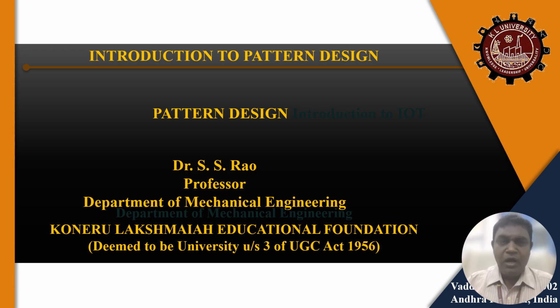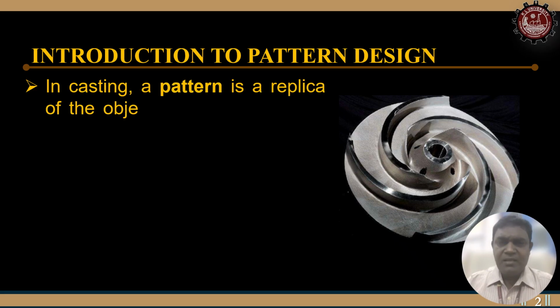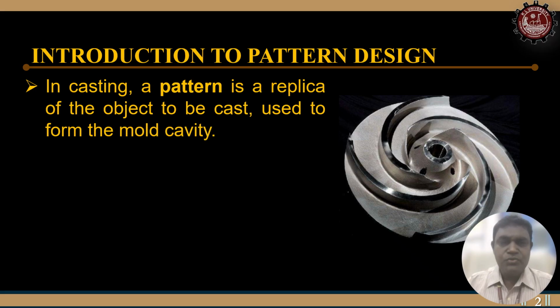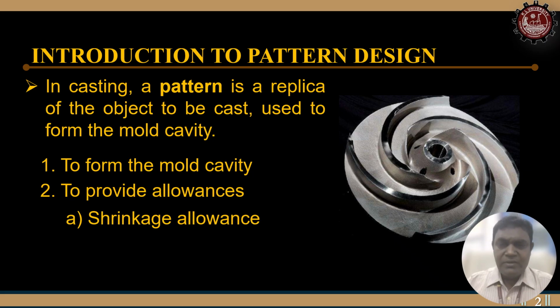In this video, I am going to explain pattern design. In casting, a pattern is a replica of the object to be cast, used to form the mold cavity. To form the mold cavity, we provide allowances. What are the allowances?